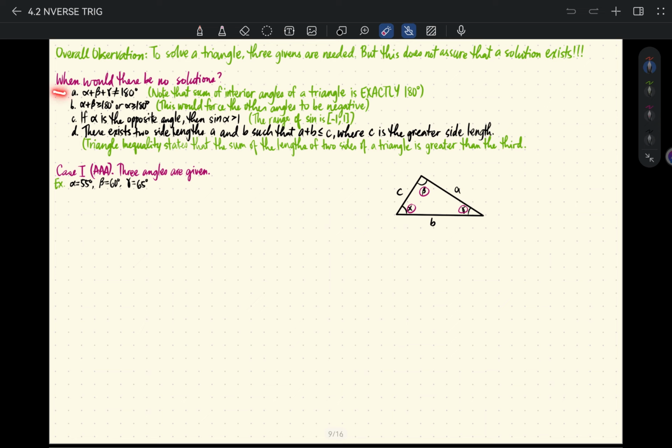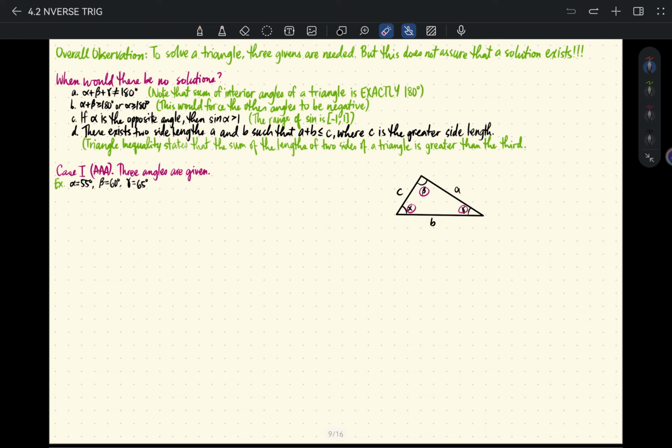First one is if the sum of the three angles does not equal 180 degrees. If you will remember, the sum of interior angles of a triangle is exactly 180 degrees. So if the sum does not equate to 180 degrees, then automatically you don't have a triangle.